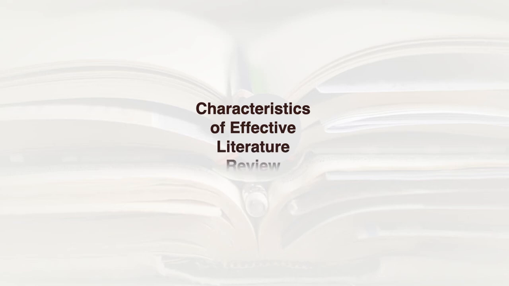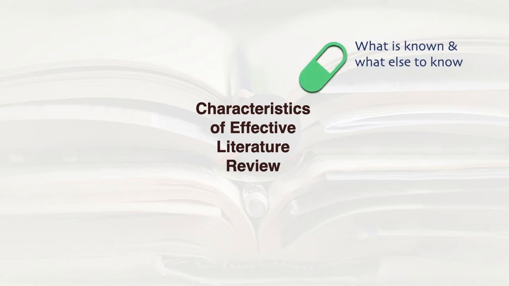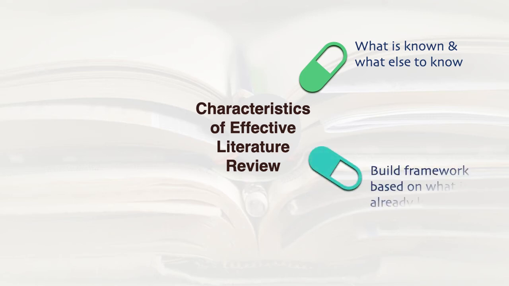From our earlier definition, we should be able to identify the characteristics of an effective literature review. It allows the researcher to determine the research gaps. It builds a solid conceptual and theoretical framework from what is already known.